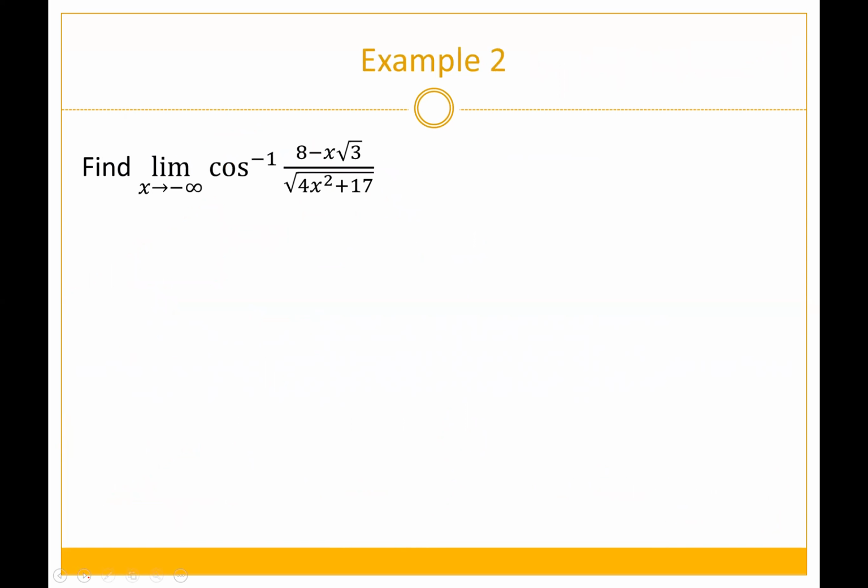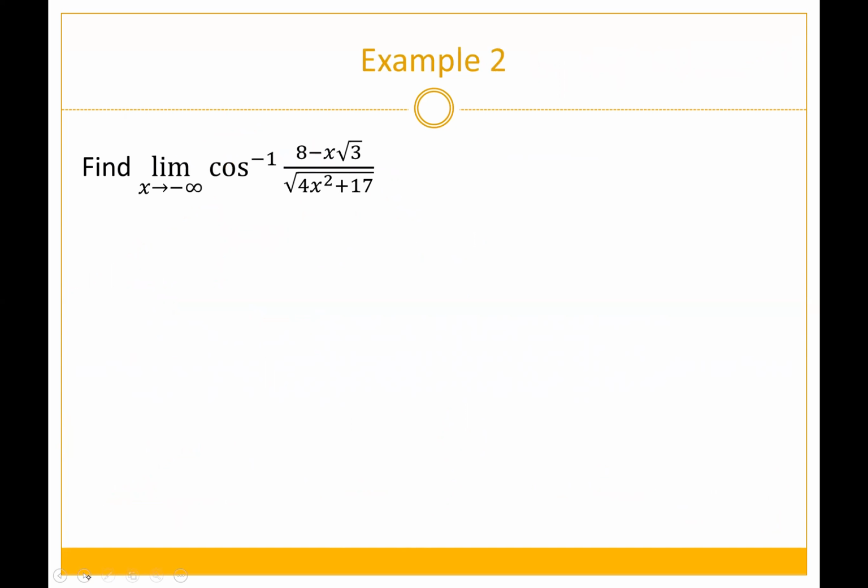Now we go to example 2. Example 2 asks us to find the limit as x approaches negative infinity of inverse cosine. This one has a lot to do with the range, the domain, and especially the graph. If you remember the graph, this should be really easy.